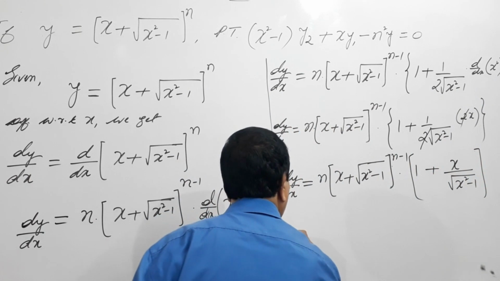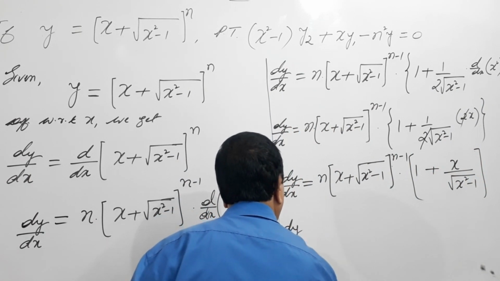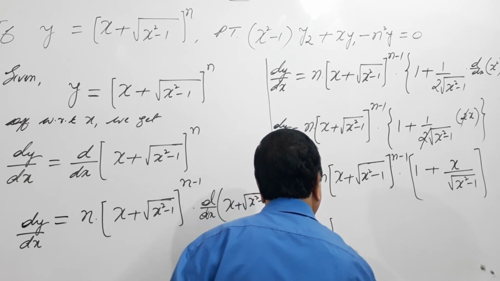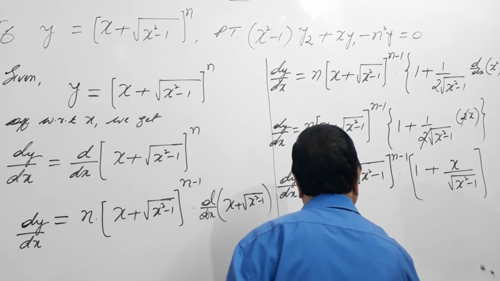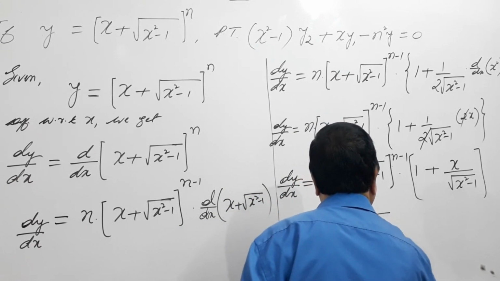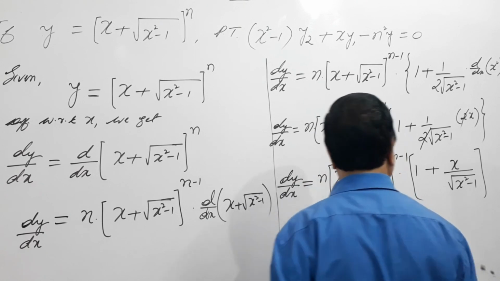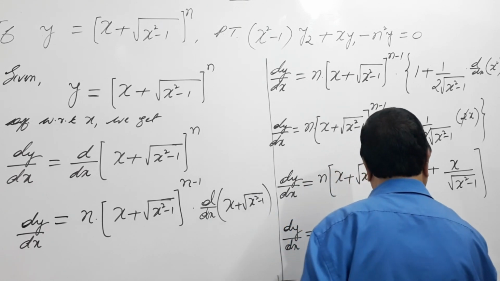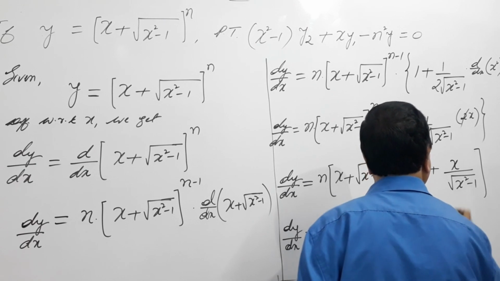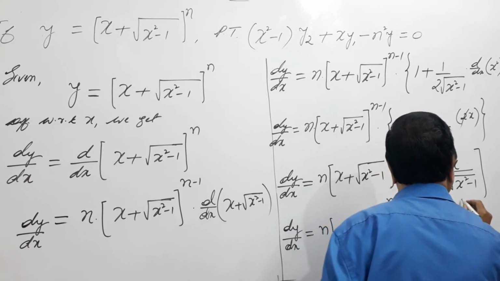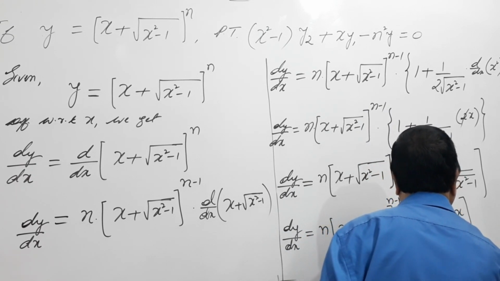So what happens to this? dy by dx equals n into (x plus under the root x square minus 1) to the power of n minus 1 into, take LCM, that becomes (under the root x square minus 1 plus x) by under the root x square minus 1.